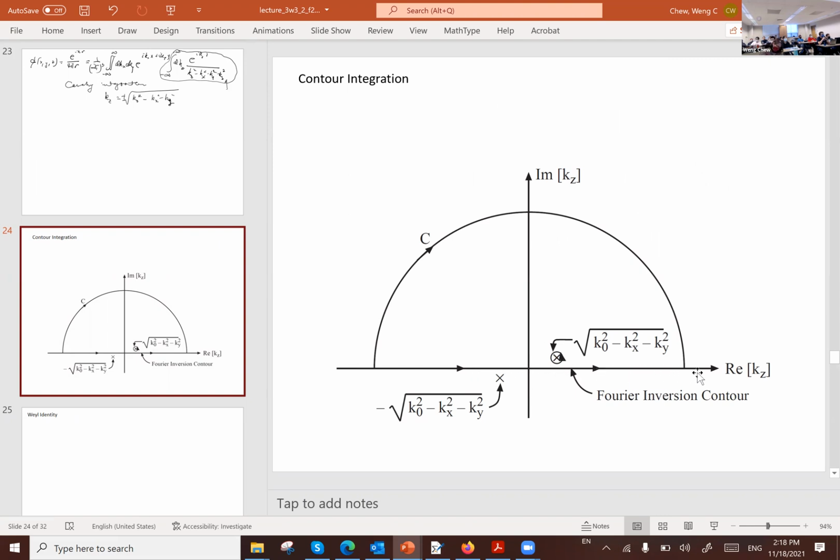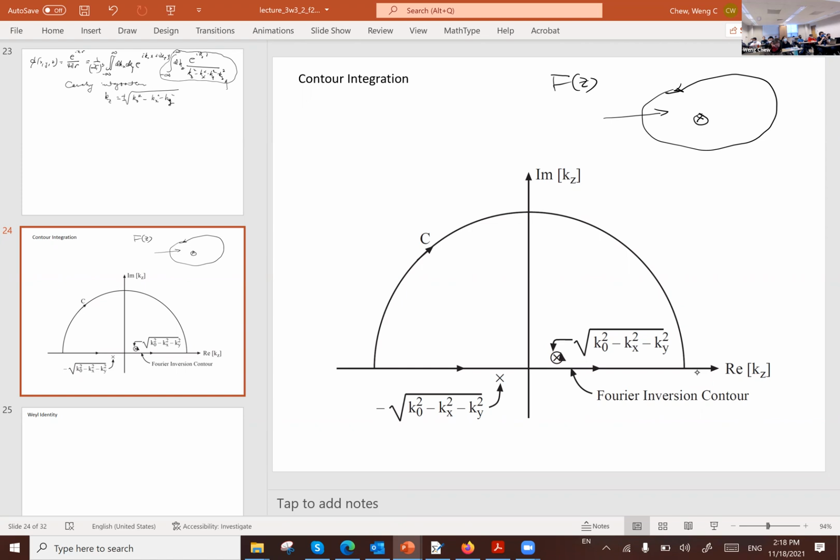How many of you have not had complex variables before? There's something called the Cauchy integration technique. It says that if you were to integrate an analytic function, say if this function is analytic, then this function can be integrated in terms of the poles of the system.